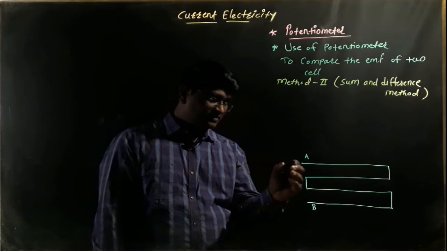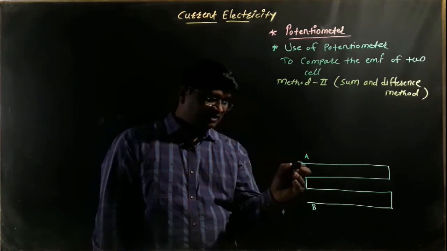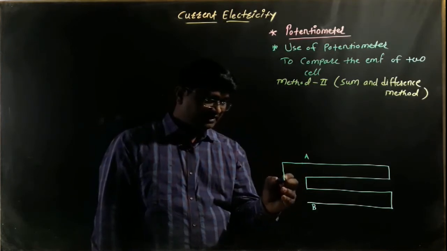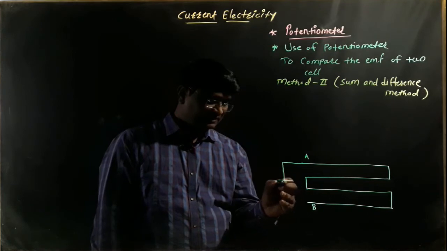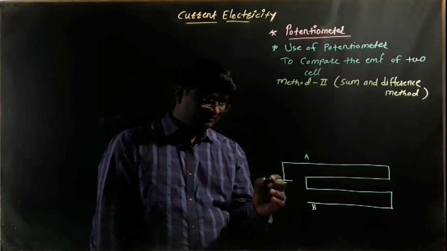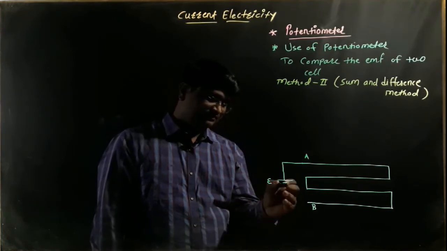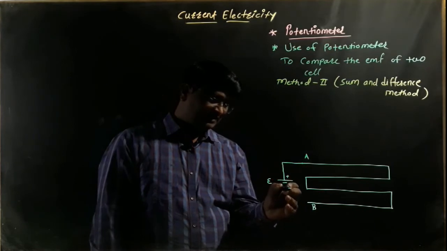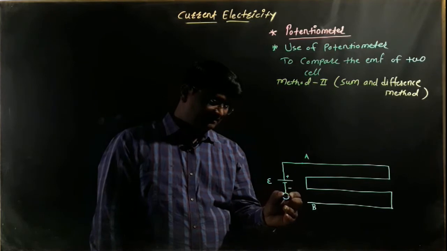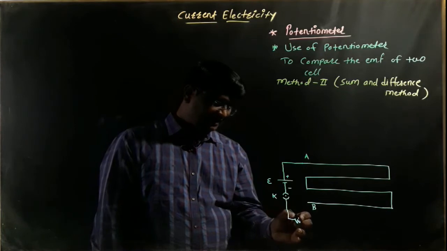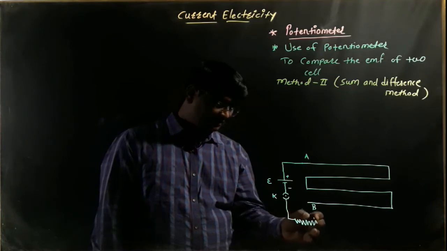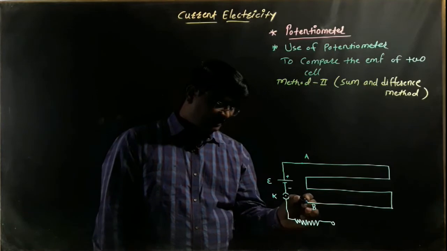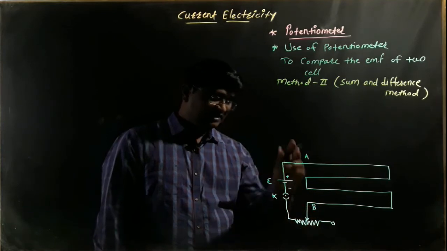Between the wire AB we connect a cell of EMF denoted by epsilon, with its positive terminal and negative terminal. Then the key, denoted by K, and the rheostat are connected in series between the terminals AB.